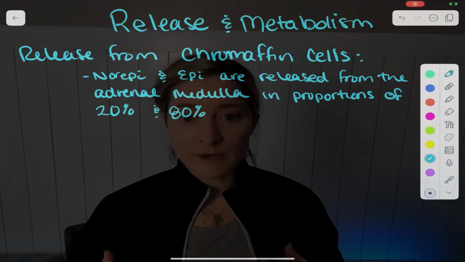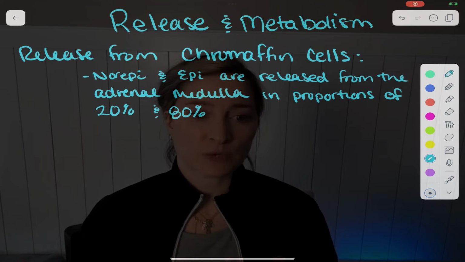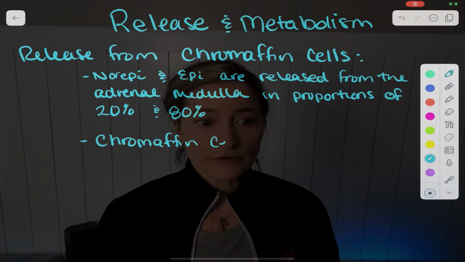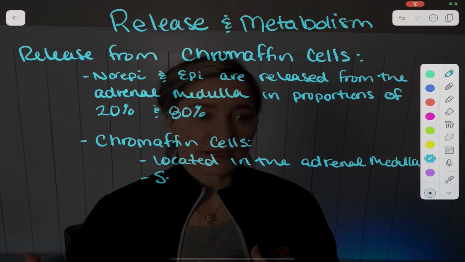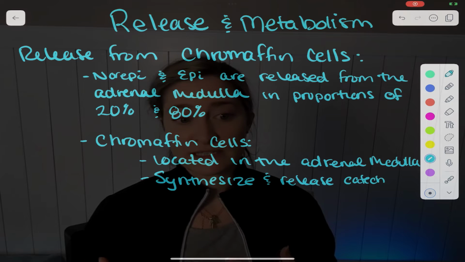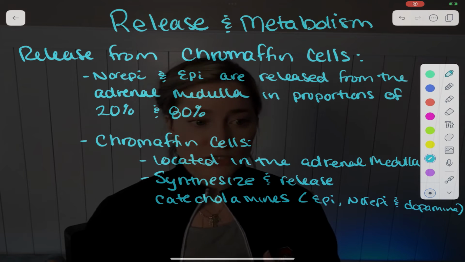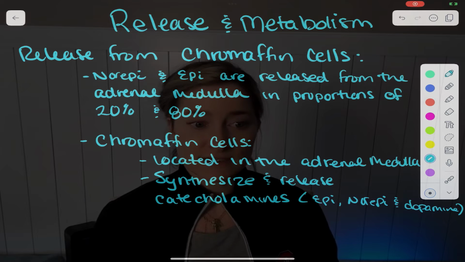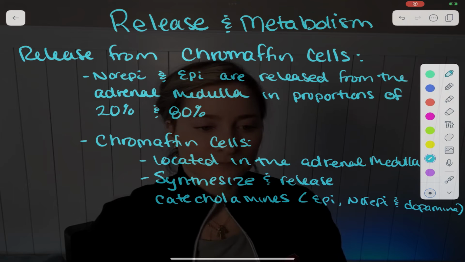So your body primarily releases epinephrine at 80% and norepinephrine at 20%. The chromaffin cells are actually located in the adrenal medulla. And then again, they synthesize and release catecholamines such as epinephrine, norepinephrine, and dopamine. So that is chromaffin cells. That is, again, where your norepinephrine is released from, which is inside of the adrenal medulla.